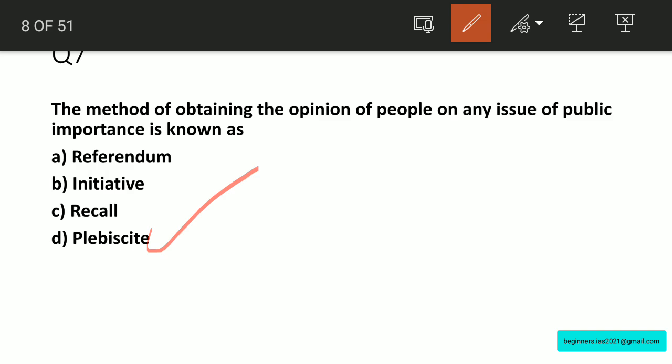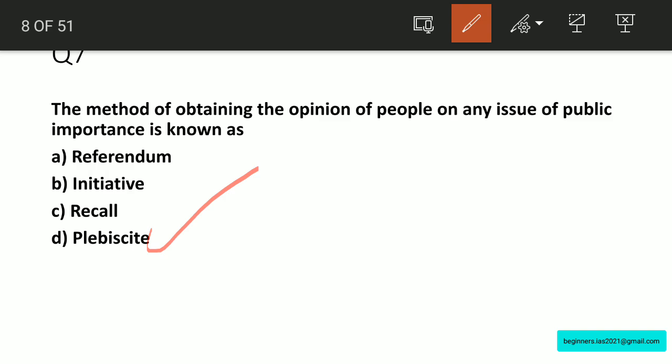What do you mean by referendum? The referendum means binding opinion of people in majority. What do you mean by majority? Popular vote, that is called referendum. And initiative means people directly involved in lawmaking without any representatives, that is called initiative.